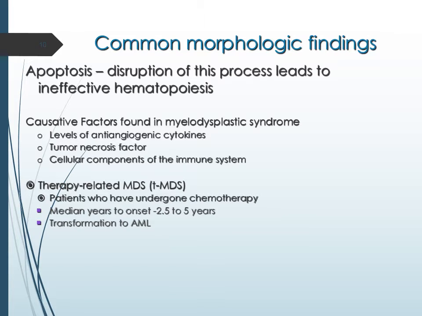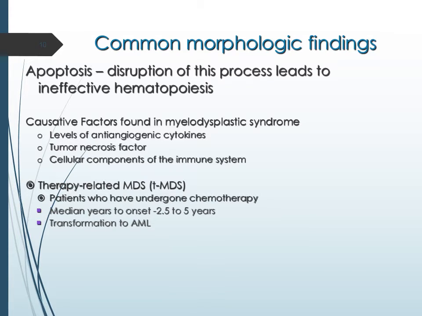Now, other factors that we need to consider in the case of MDS include levels of anti-angiogenic cytokines, tumor necrosis factor, and cellular components of the immune system. We've seen patients with MDS that have increased levels of angiogenic growth factors, including vascular endothelial growth factor.